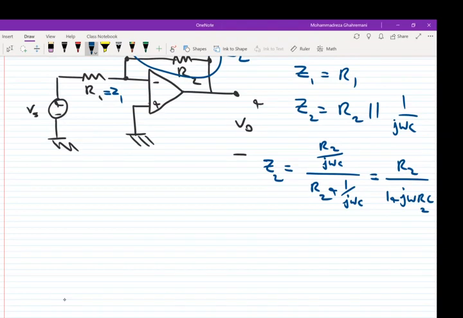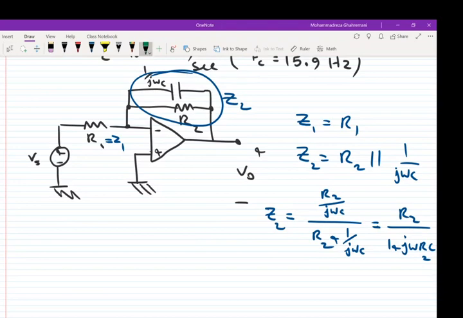So we have Z1 and Z2, and the next thing we should do, it's simple, Vp, Vn.